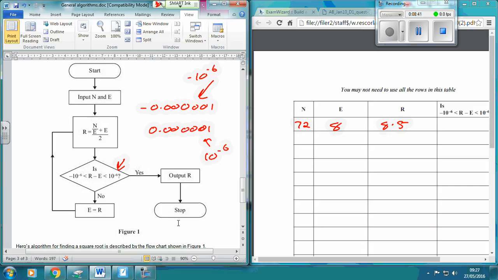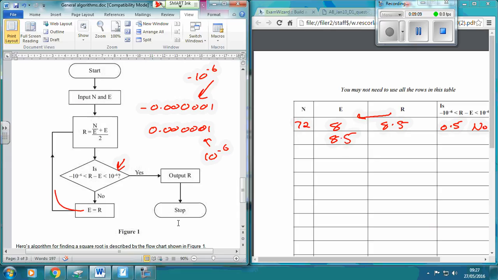So we want to know when we do r take away e, we get 0.5. So no, that's not in between minus 0.0000001 and 0.0000001. So the answer is no. So then e equals r. So we've got r is 8.5.